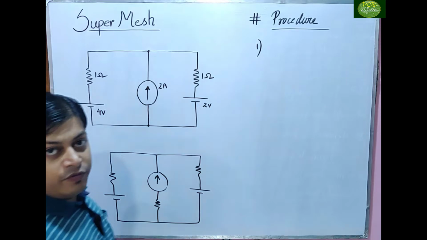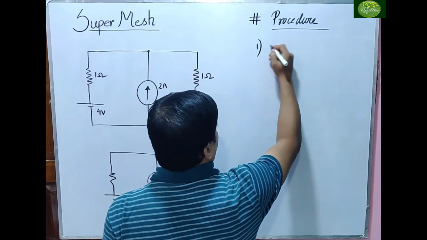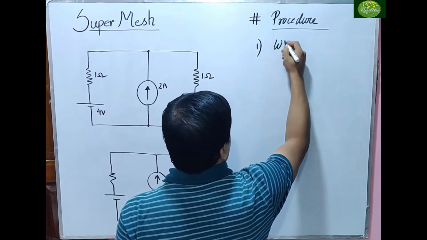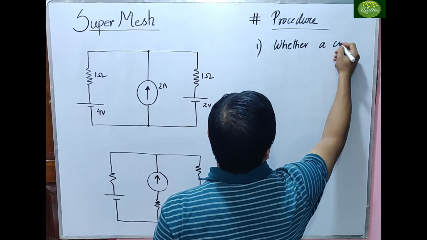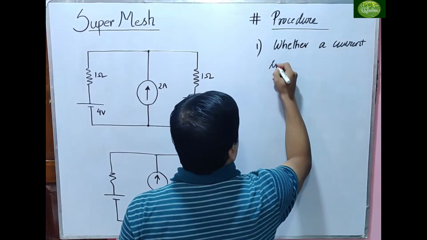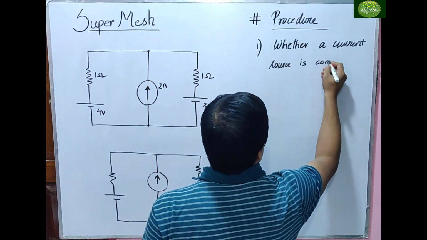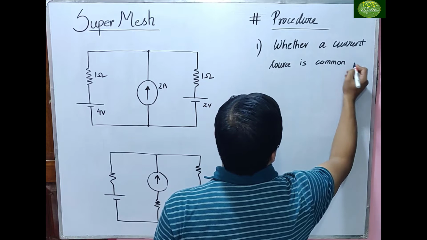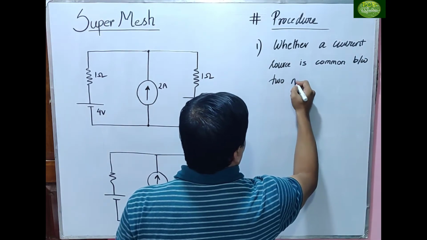What is the step 1 we have to follow? Whether a current source is common between two meshes.